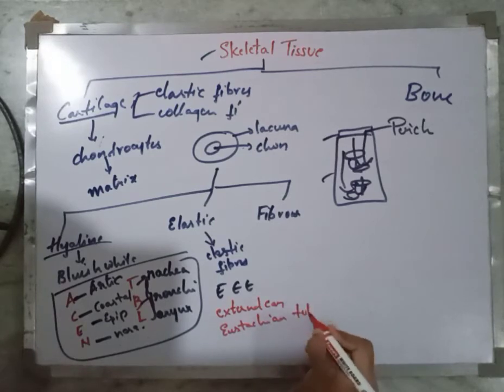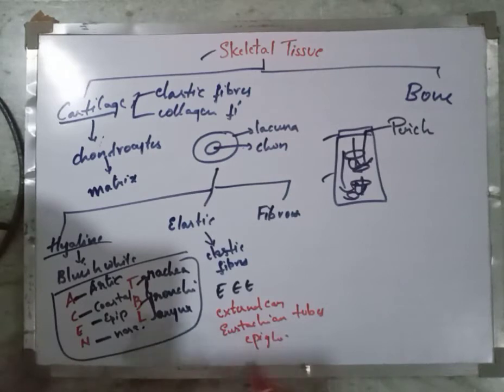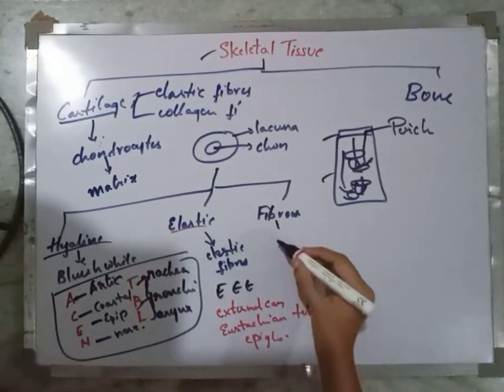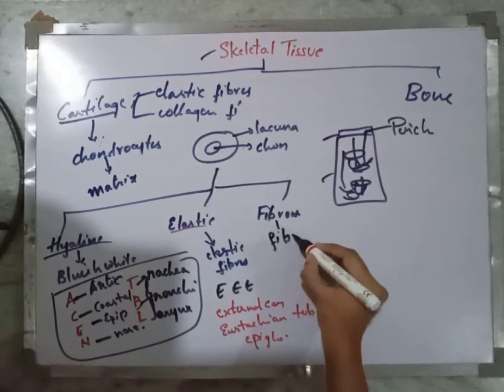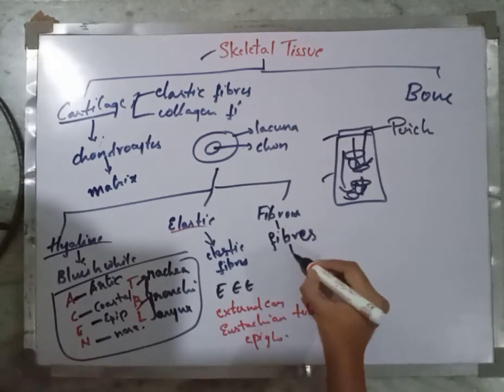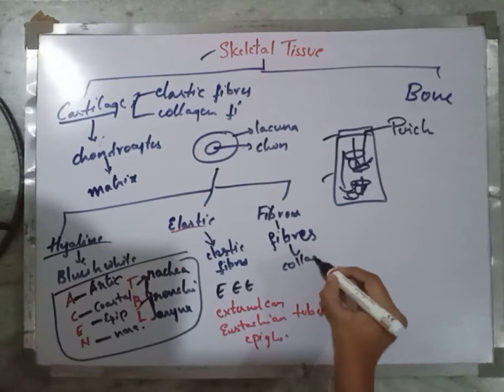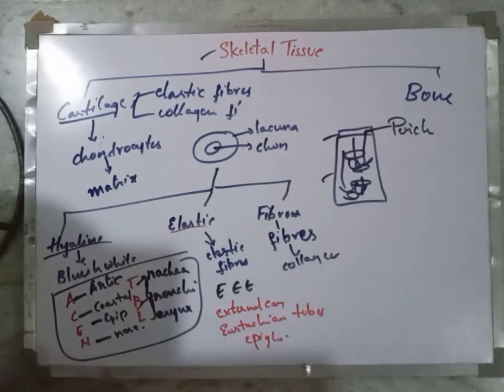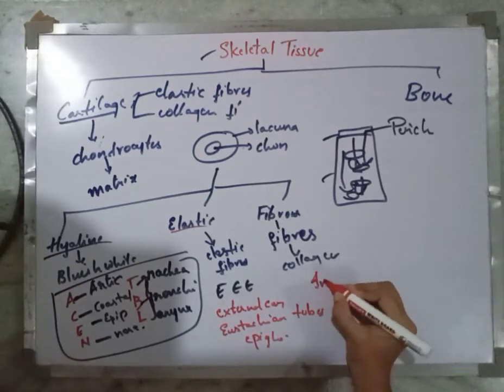So this is about the elastic cartilage, and the fibrous cartilage contains fibers. These fibers are made up of collagen. Fibrous cartilage is mainly found in the intervertebral discs.